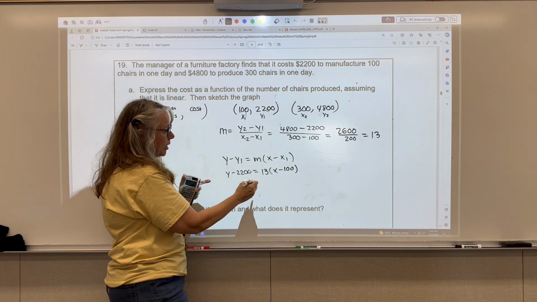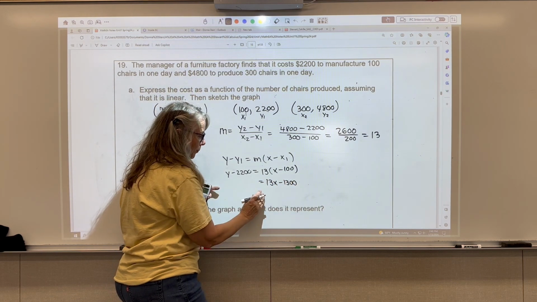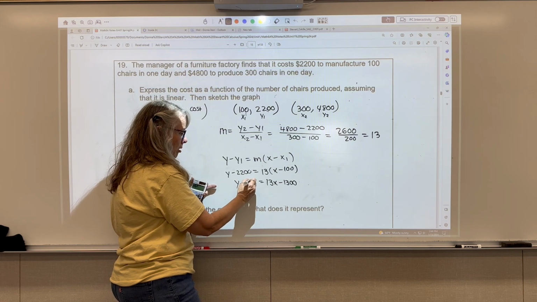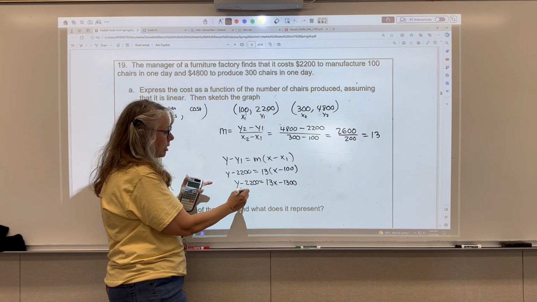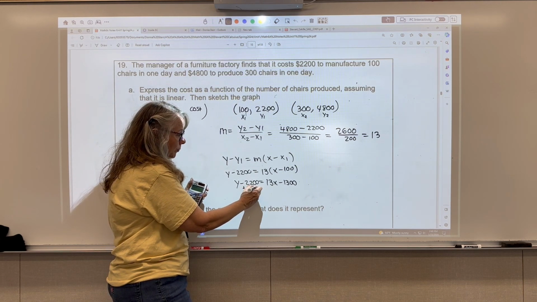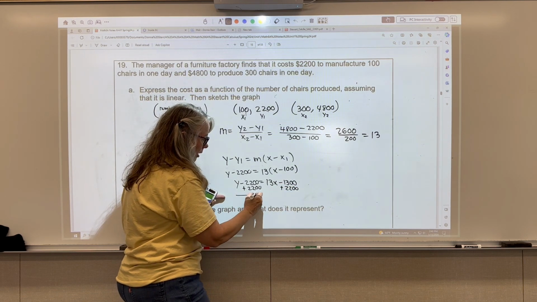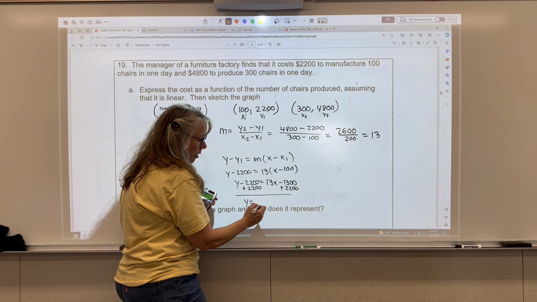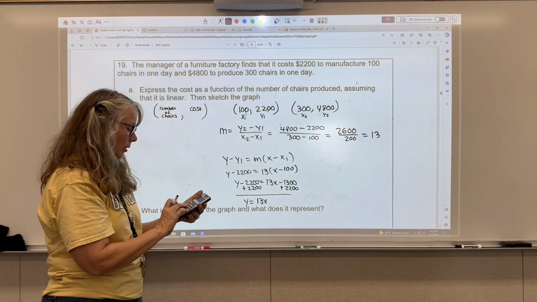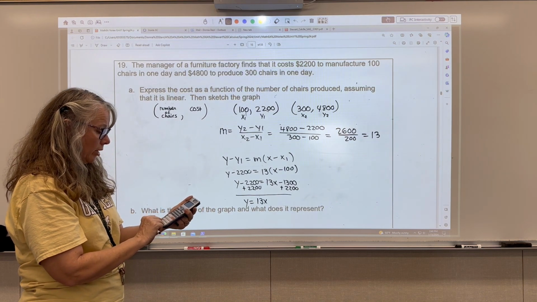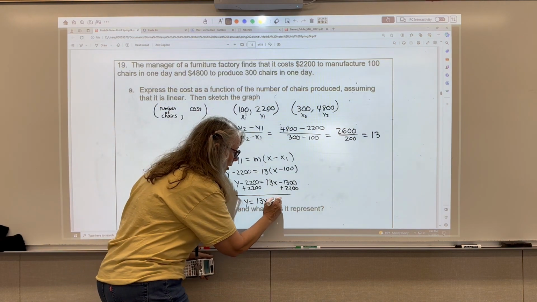So when I distribute here, I'm going to get 13x minus 1,300. And then I'm going to add the 2,200 onto the other side. And I'm going to get y equals 13x, and then, let's see here, negative 1,300 plus 2,200, 900, so plus 900.